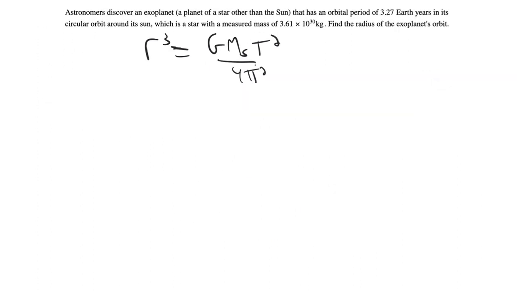An alternate way to go, which is not as convenient as it normally would be because of the way they phrase things here, would be to do it as ratios. So we would take our existing equation and divide it by the same values for the solar system. So let's divide this thing by the equivalent in the solar system, which would be the radius of the Earth's orbit cubed is G times mass of the Sun times the Earth's period squared over 4 pi squared.